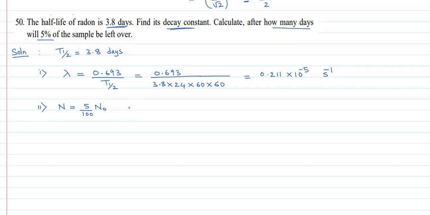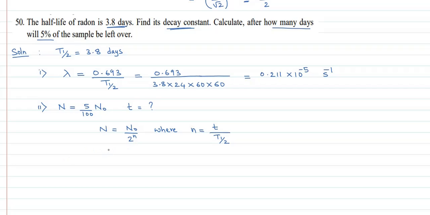You are required to find t. So we know that n is equal to n naught by 2 raised to n, where n is equal to t divided by t half. Now substitute in this and simplify, you will have the answer.